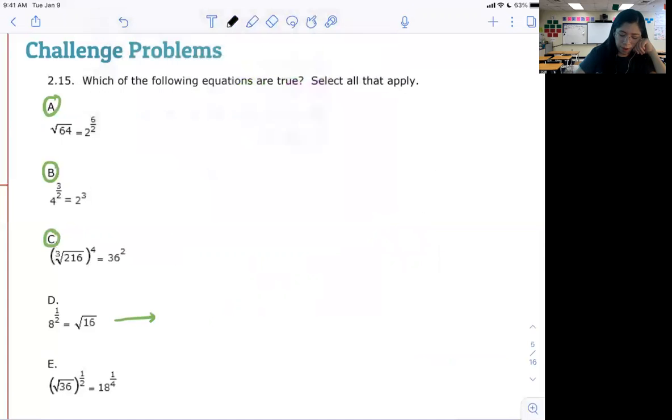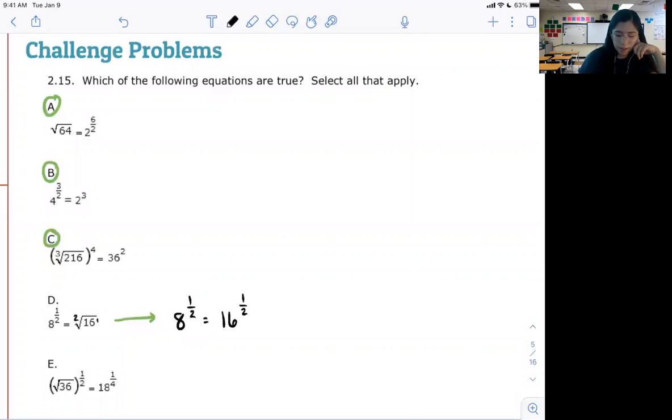So I can rewrite the square root of 16. There's a 2 on the outside and a 1 on the inside. So this is 8 to the power of 1/2 equals 16 to the power of 1/2. Now, is that true or false? Oh, wait, if you divide 16 by 2, it's 8.